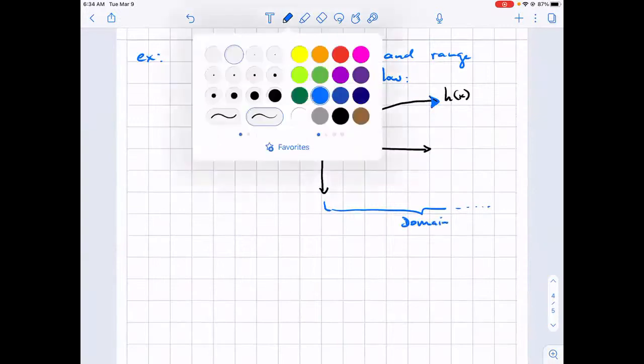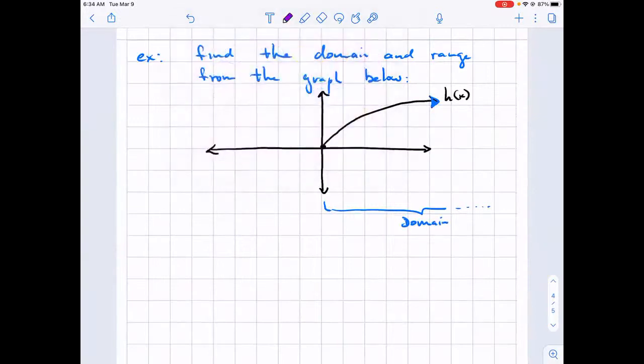But notice now the range would be from this point here, and notice it goes on and on, because there's an arrow here, so it doesn't stop either, okay? So we get continuous here, and this is continuous there.